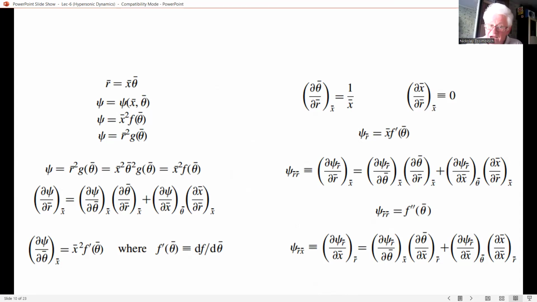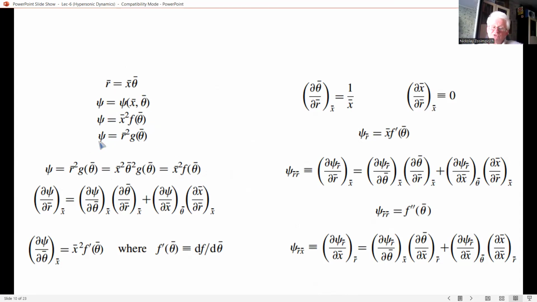Okay? And because we know that r average is proportional as this simple equation at the top, we can find the relation for the psi function in this case.